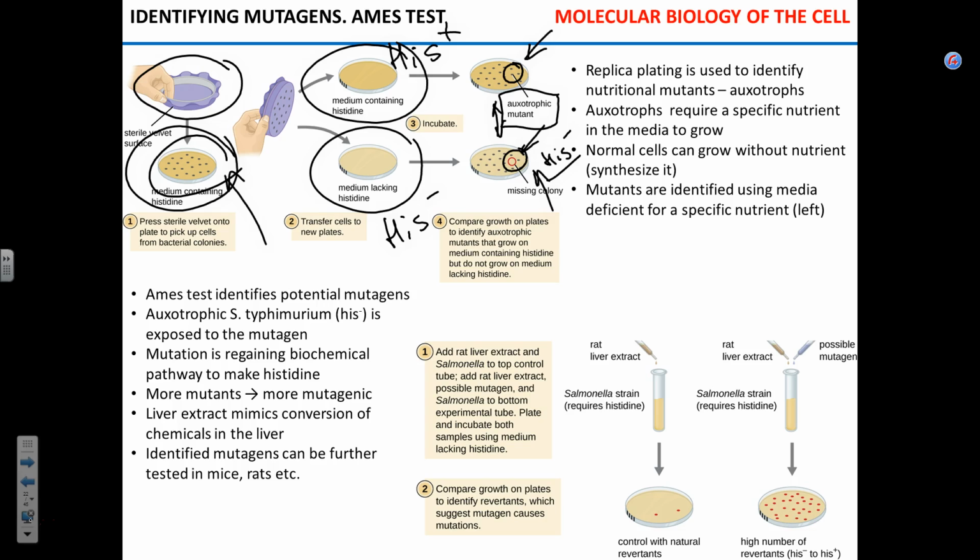It was there maybe in the very, very beginning, because there are some variations in the genome. Does that make sense? Okay, so we identified that microbe that requires histidine. What do we do next?